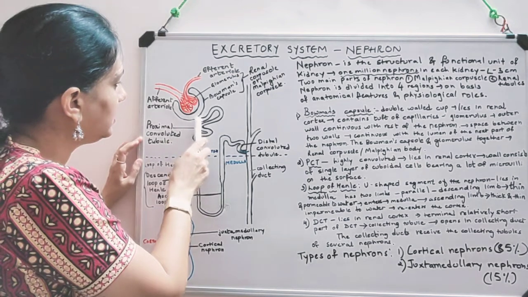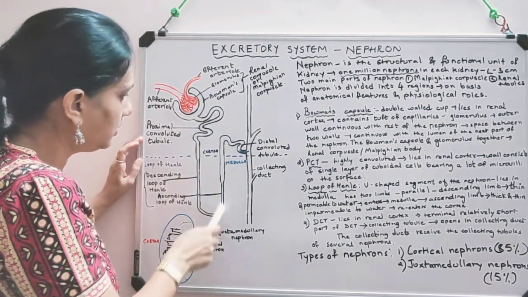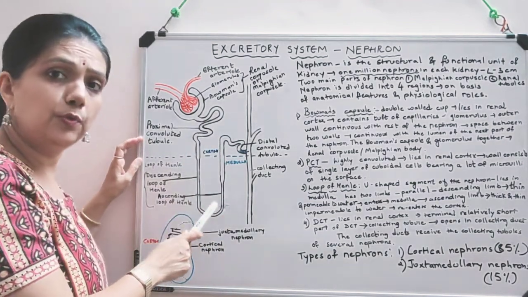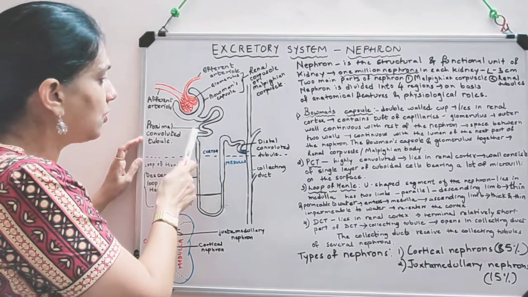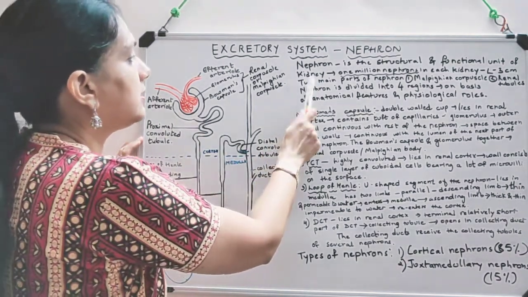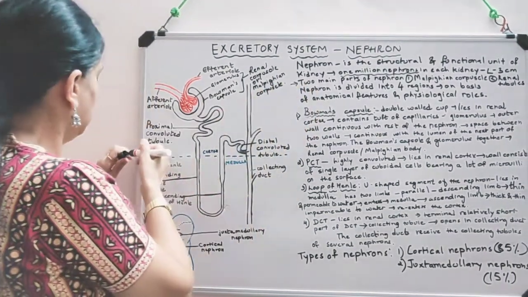Now as you can see, this is a diagram of nephron. The rest of the part is like a tube. So this is the tubular part. As this tubule is of the kidney, you call it renal tubules. So these are the two main parts of nephron.